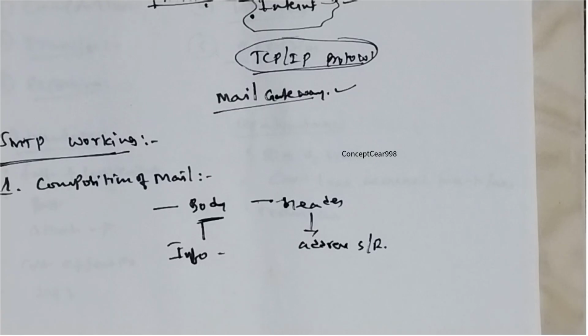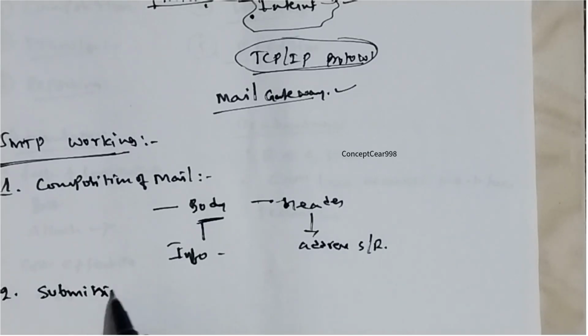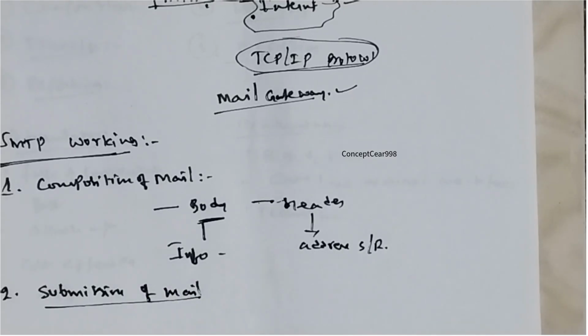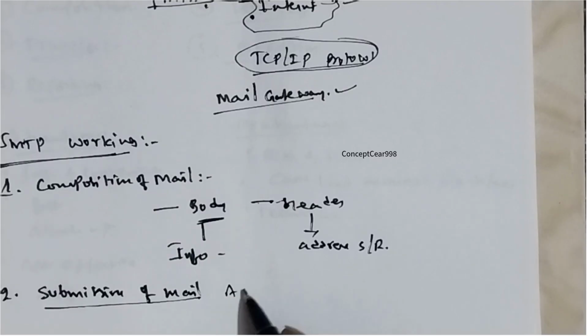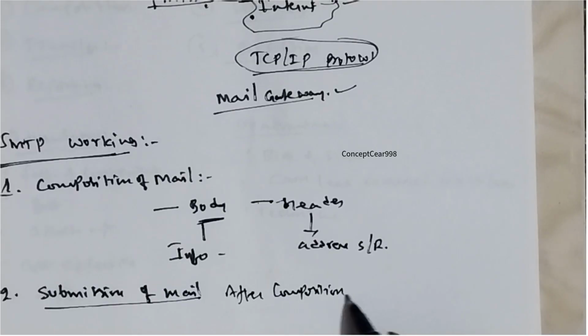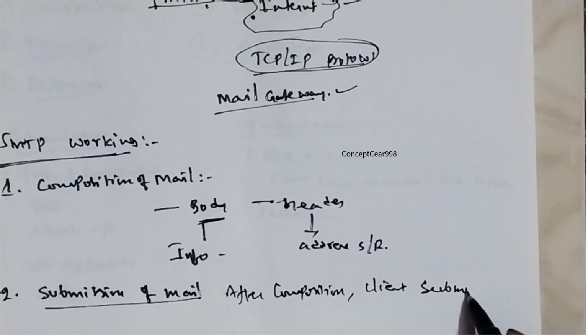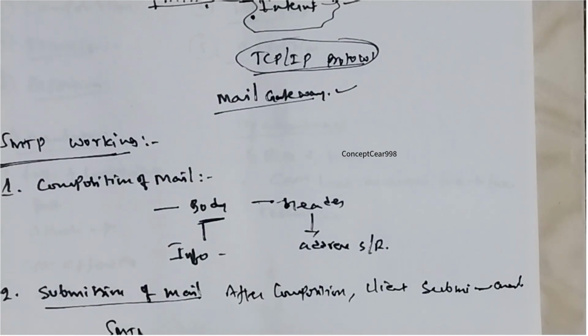The second one is submission of mail. Submission of the mail means, after composing an email, the client submits the complete email to the SMTP server.